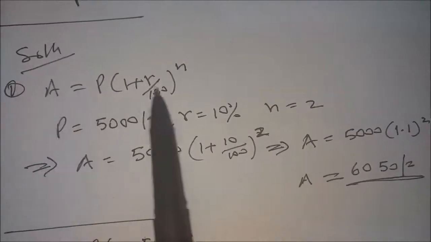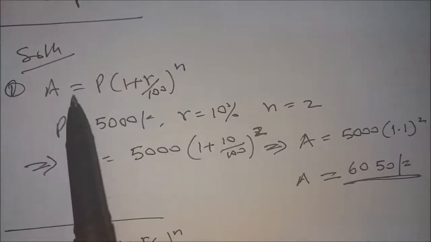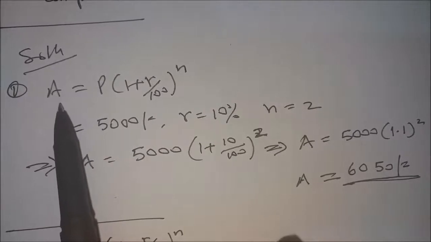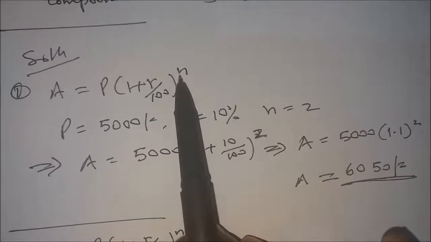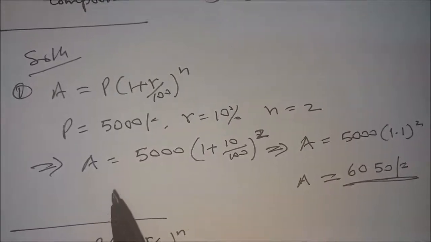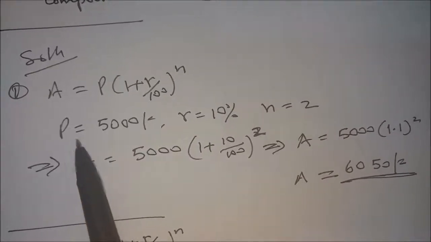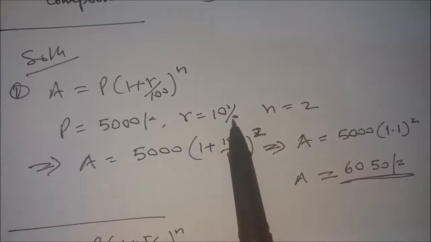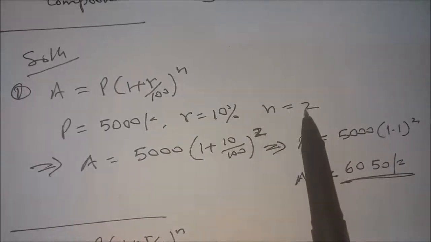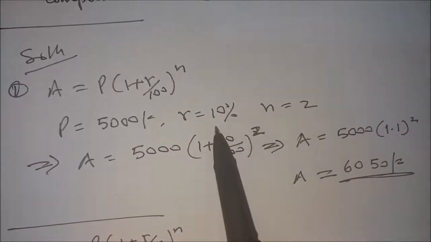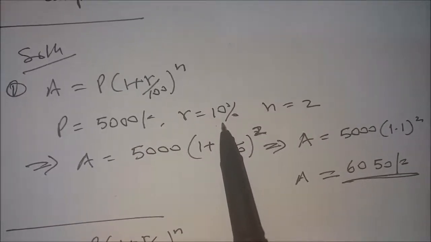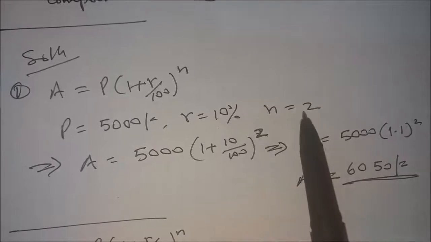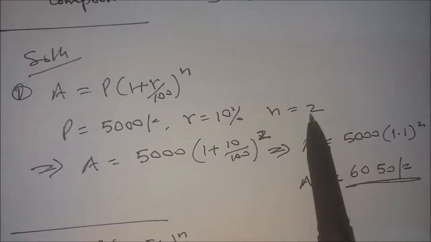We apply this formula for getting the accumulated amount on principal P after n periods. Now, P is 5,000, R is 10%. There are 2 interest periods because interest is calculated at the end of every year. So in 2 years, we have 2 interest periods, so our n will be 2.